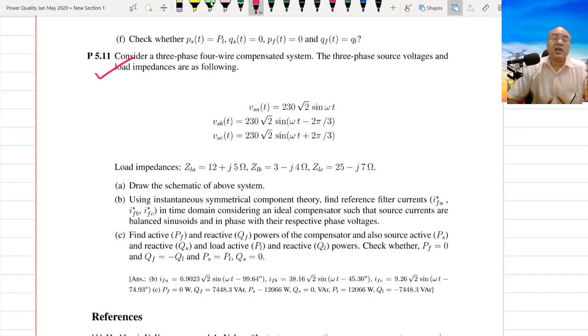Okay, so basically we are looking for voltage compensation scheme using active power filter.